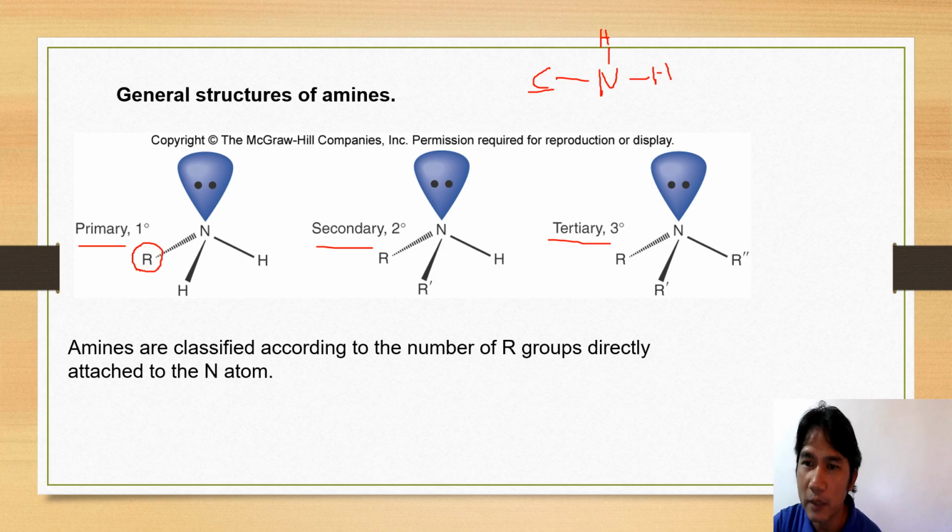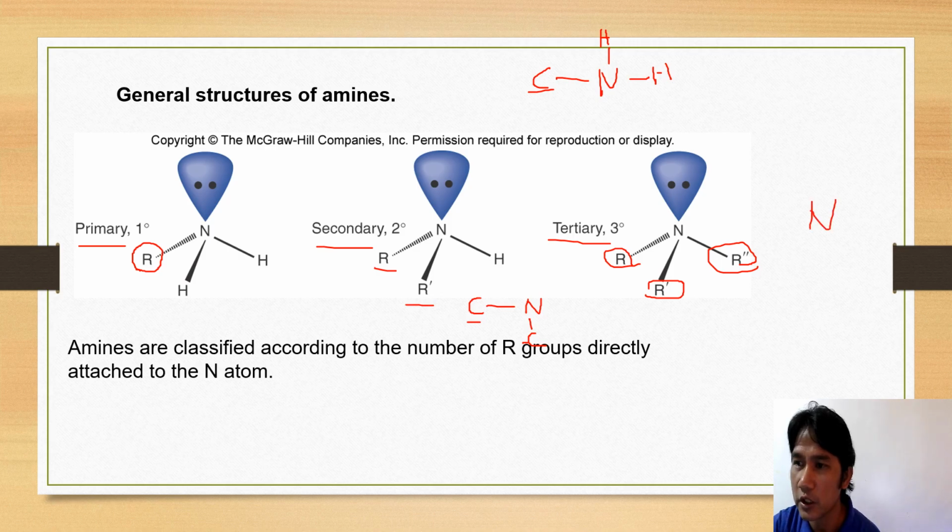A secondary amine is if there are two carbon atoms bonded to the nitrogen. That's why here there are two R groups. So this is one R, another R group. That's secondary. And then tertiary amine, as you notice, there are three R groups. That means in a nitrogen, there are three carbon atoms.